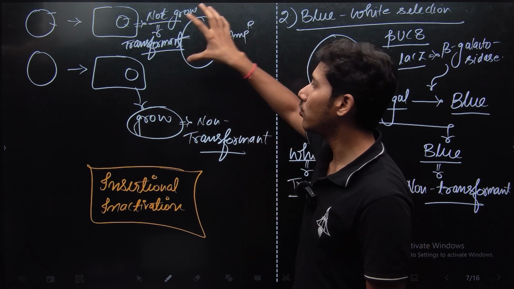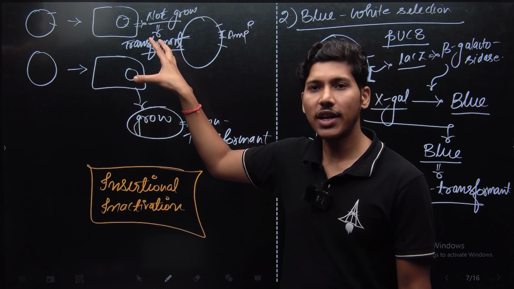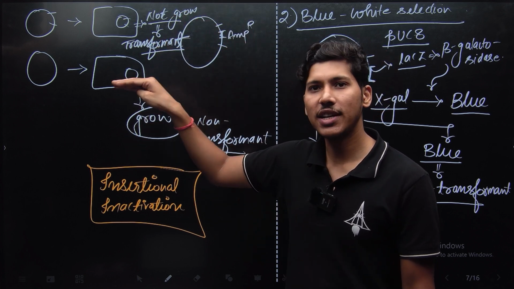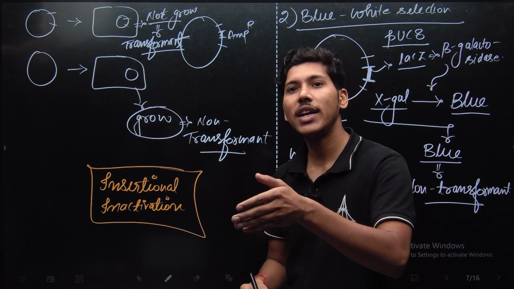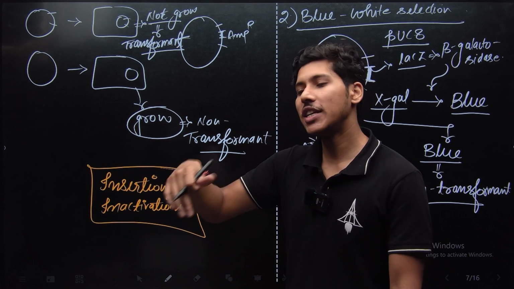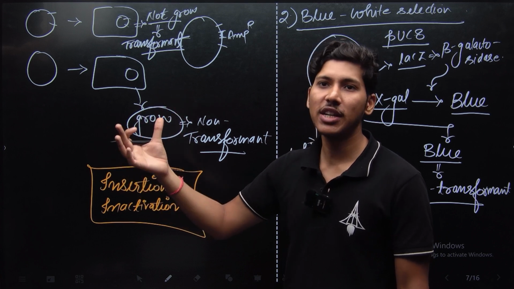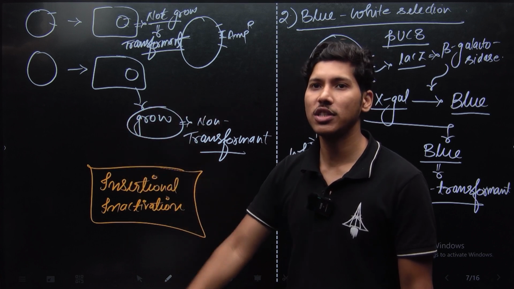We first try to insert our gene of interest inside that plasmid, and then we try to select it by growing it in the ampicillin containing medium. If it is able to grow in the ampicillin containing medium, then we know that it is not inserted.